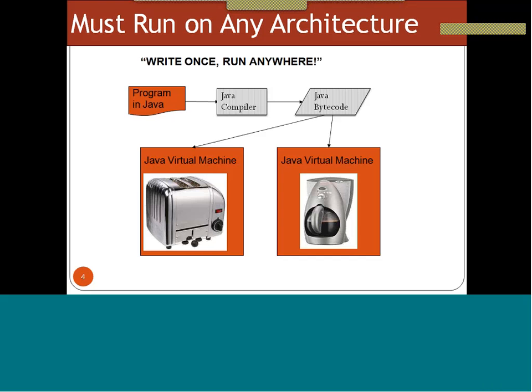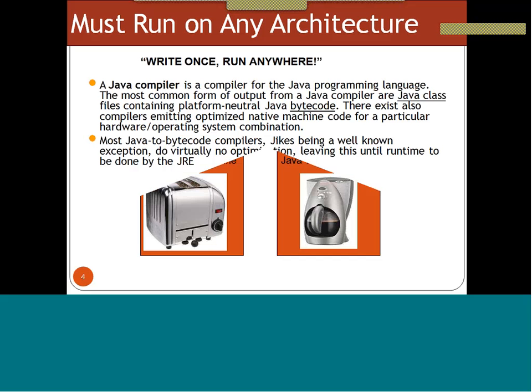Likewise, the coffee making machine also has the JVM installed, so I'm able to run the Java bytecode here as well. Like our cell phones, same thing. We have the JVM already installed there, so I'm able to run some Java applications on our cell phone.